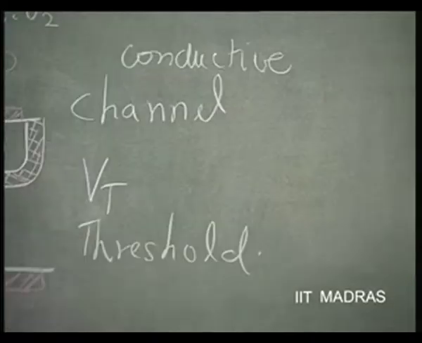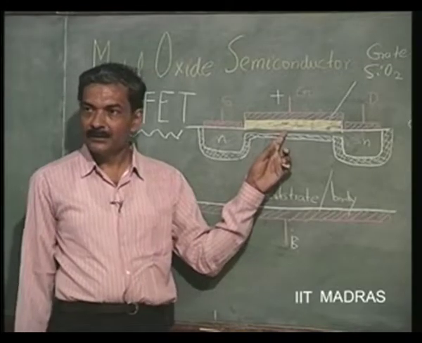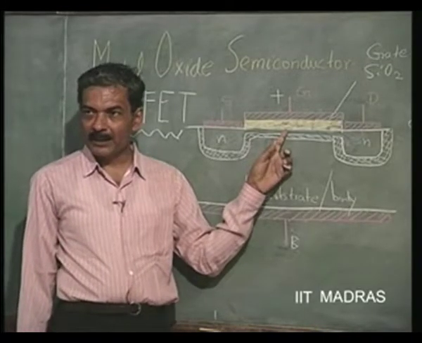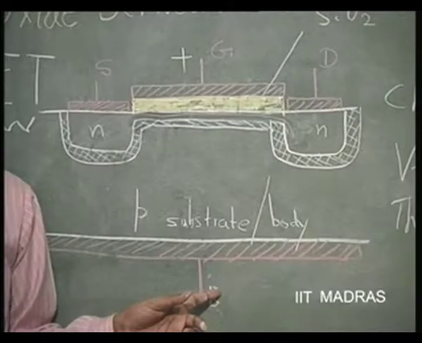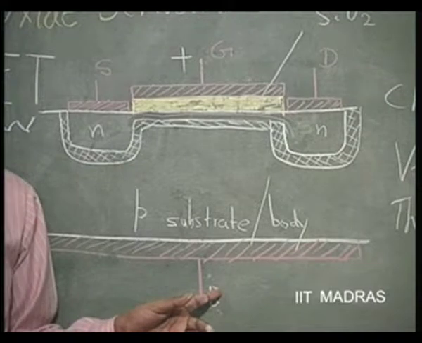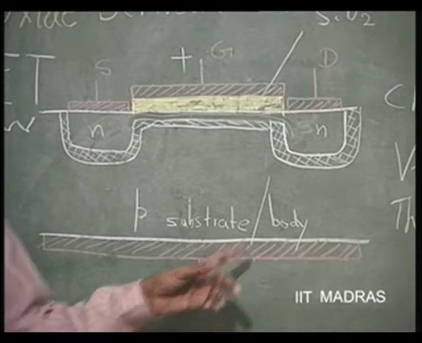The voltage that is necessary to make the surface of the semiconductor as conductive as the bulk, by definition, is called the threshold voltage.